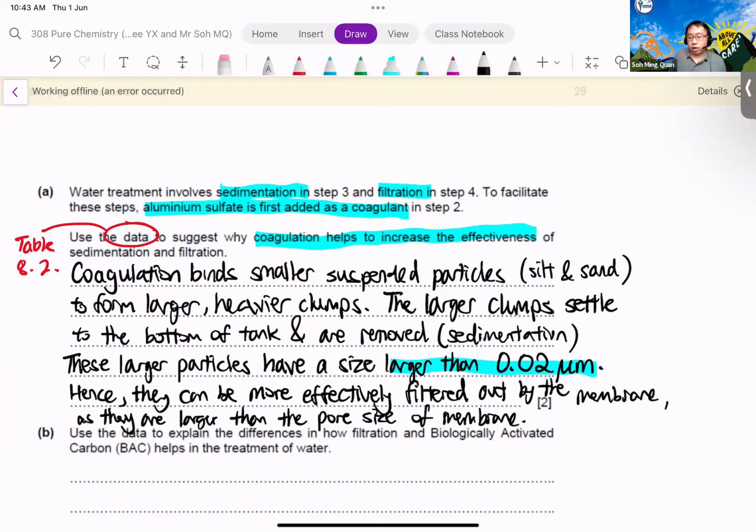Okay, so how do you get the 2 marks? 1 mark is just by saying larger, heavier clumps settle to the bottom. Next, by saying they are larger than 0.02, they are more effectively filtered out.